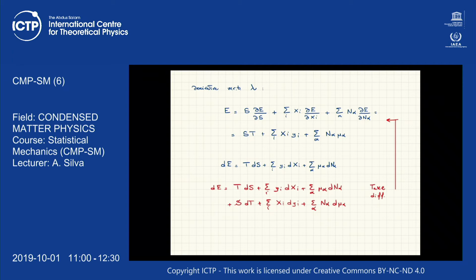But now the only way to have this to be consistent with this is to have that S dT plus sum over i xi dyi plus sum over alpha n alpha d mu alpha is equal to 0. Okay? That's the only way. So this is the Gibbs-Duhem relation.